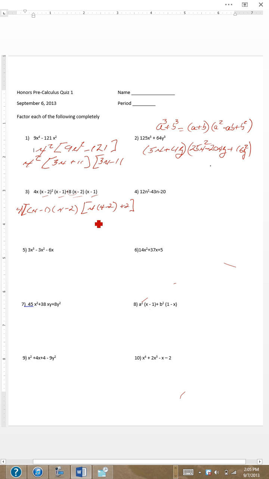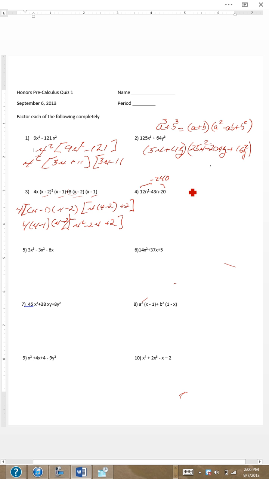Now, a lot of people left it at this, and they lost the point because you didn't distribute here. So let's distribute there. Get x squared minus 2x plus 2. And that won't factor, so we leave it. 4x minus 1, x minus 2. Factored.